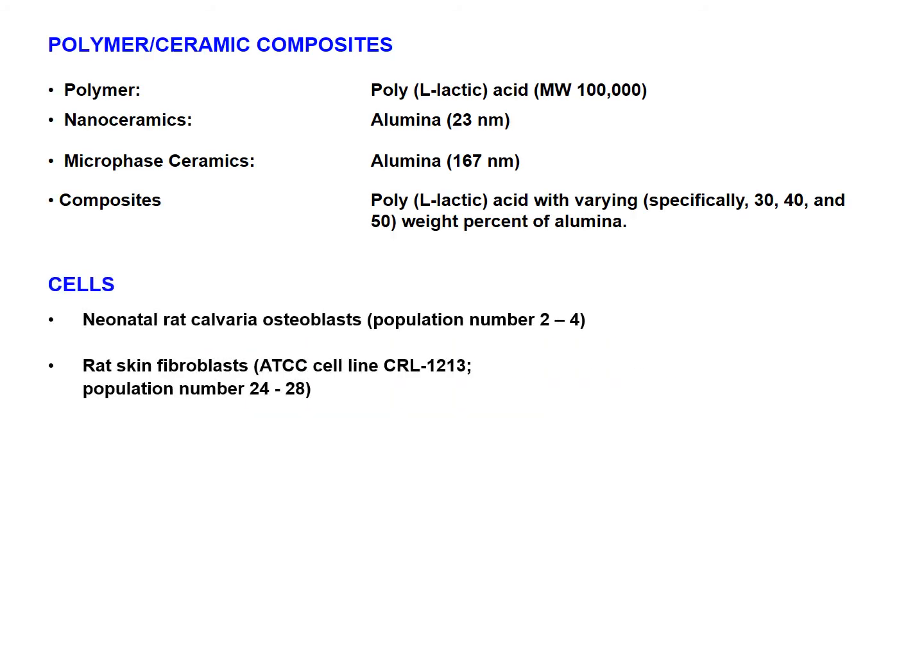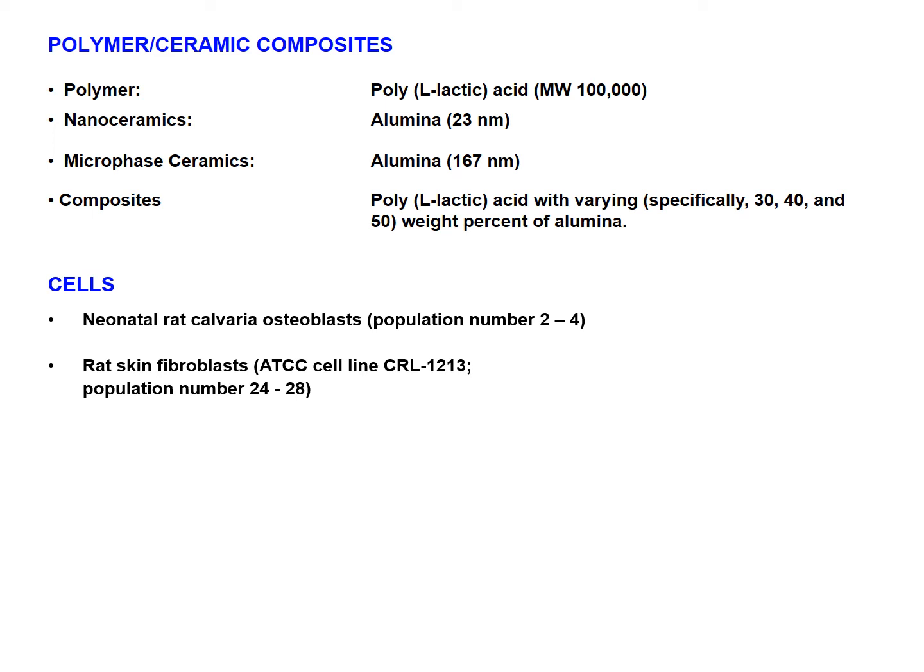I will summarize the results obtained from the study in which we use polymer and ceramic composites. The polymer was polylactic acid, a chemical compound which has been used extensively in tissue engineering.